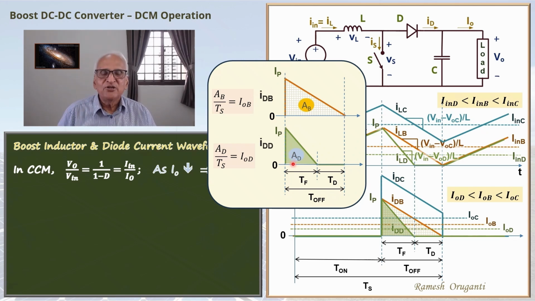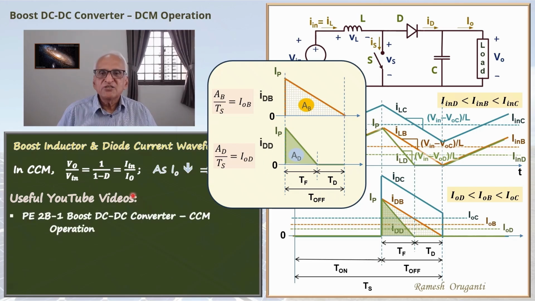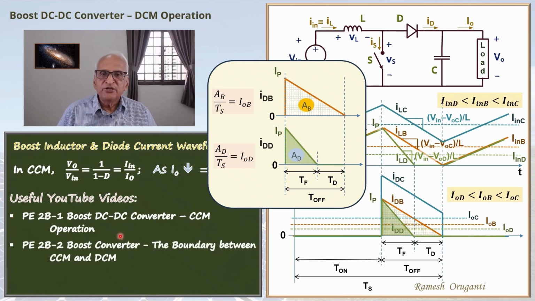There are a few videos in this series which you may find useful. One is PE2B1, boost DC-DC converters CCM operation, which discusses the CCM operation of the boost DC-DC converter in detail. Second is PE2B2, boost converter, the boundary between CCM and DCM.